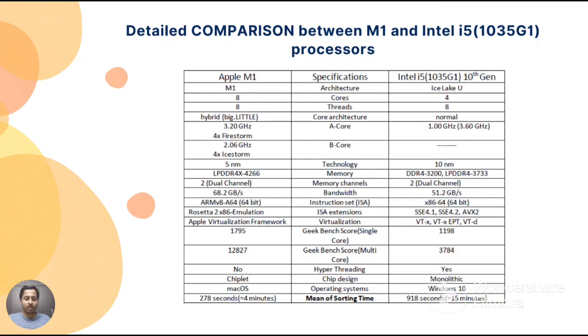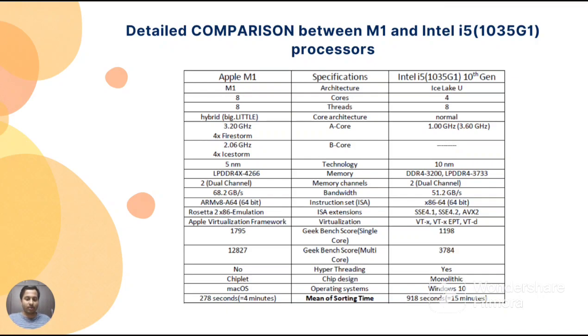Now we can see the bandwidth of 68.2 gigabits per second for the M1 and 51.2 gigabits per second for the Intel i5 processor. So it becomes important that the better the bandwidth, the faster and more efficient the communication.